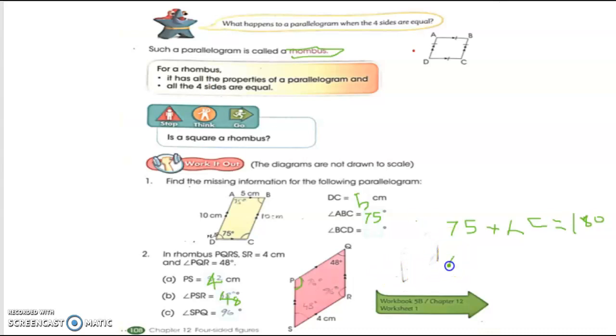So if it is 48 plus angle R equal to 180, now you can subtract 48 from 180 and then you can get angle R. Okay, is it clear? I hope it's very clear, isn't it? Thank you very much.